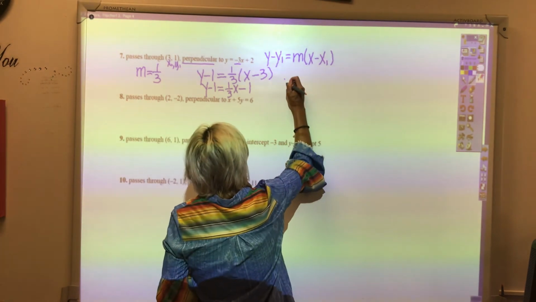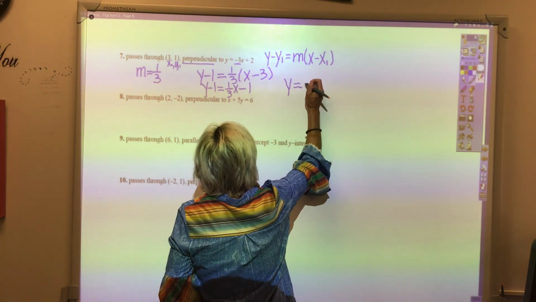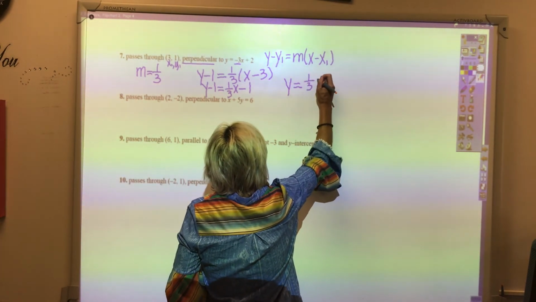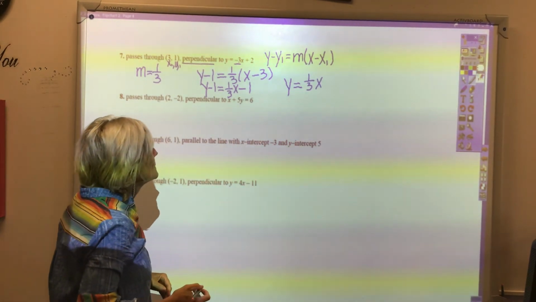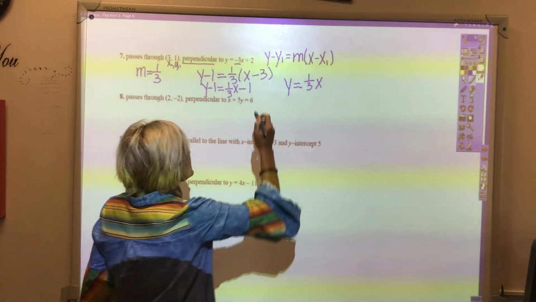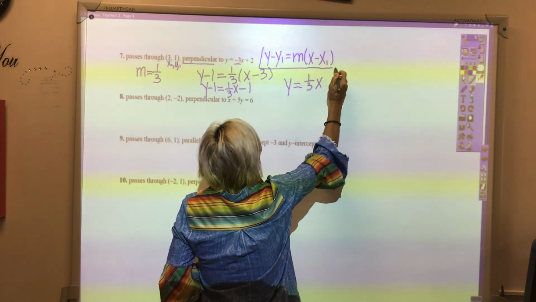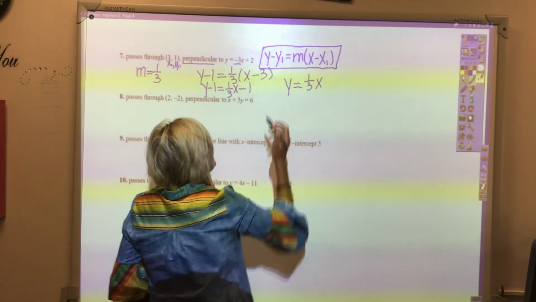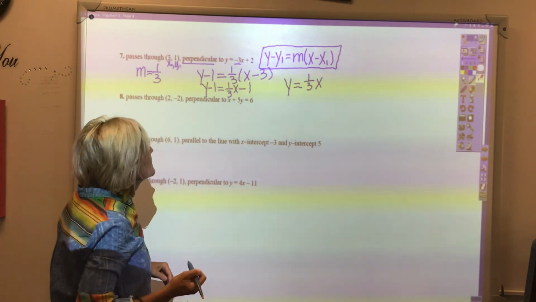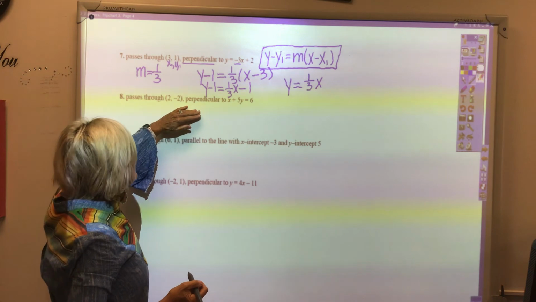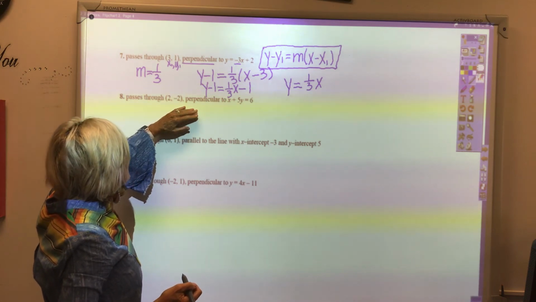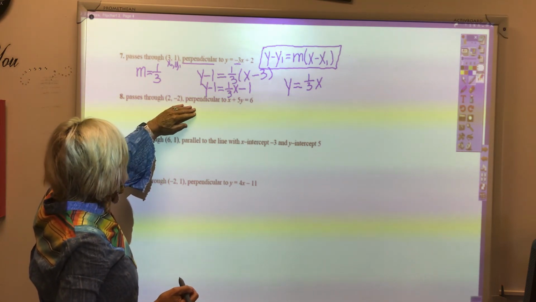So the equation of the line would just be y equals 1/3 x. Okay, I'm going to just box this formula so that we can use it to help us work number 8.